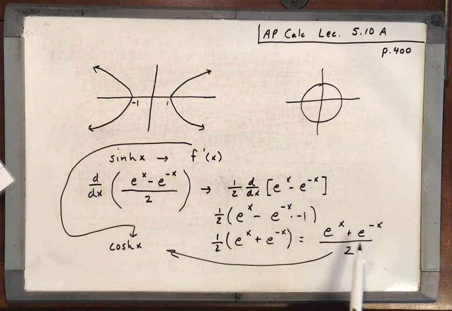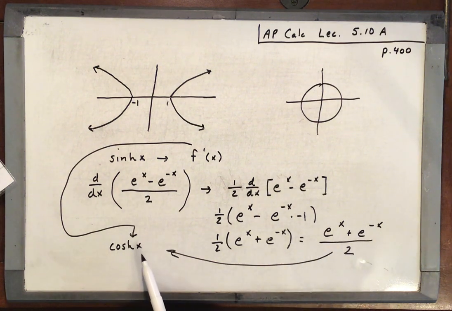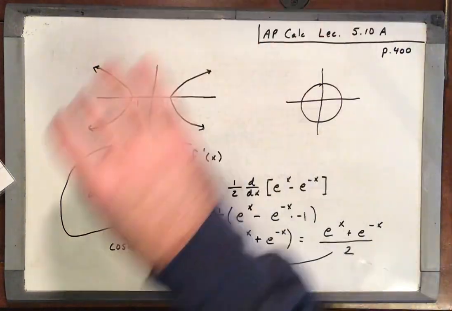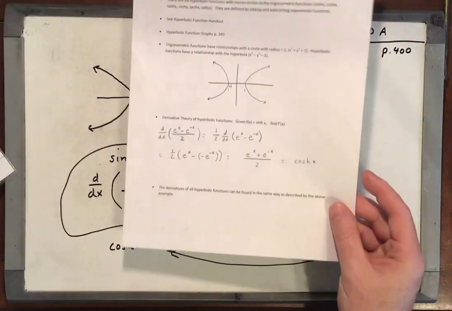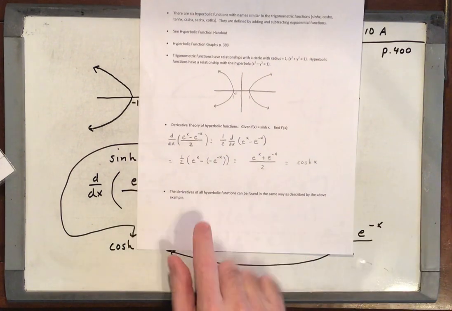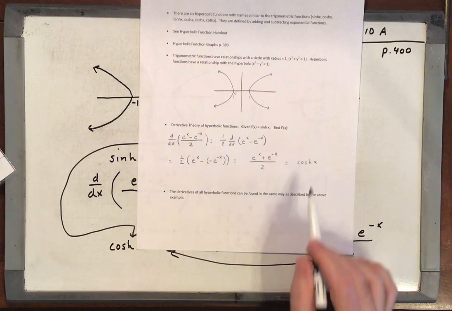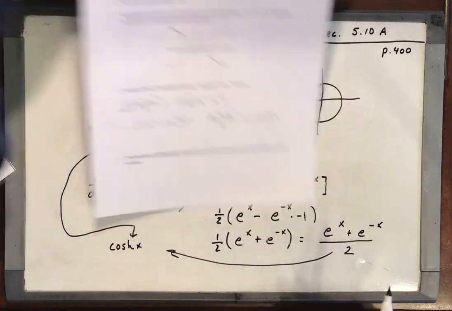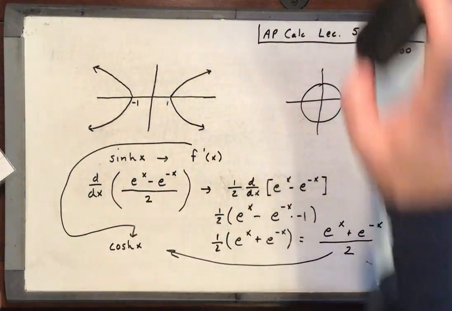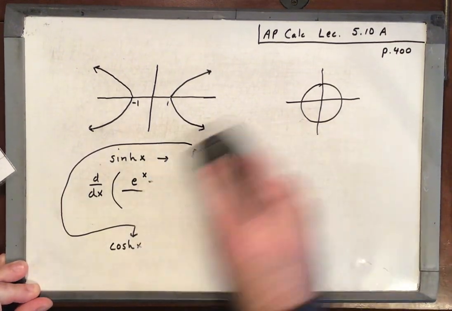They took the derivative of this and they just decided to name this function hyperbolic cosine, so it would be similar to the trig functions that you're used to working with. Now, all of the hyperbolic function derivatives can be found in the same way. We could go through this for all 6 of them. We're not going to. I believe that you probably believe me on this and believe your textbook.